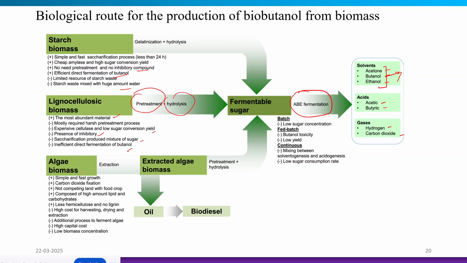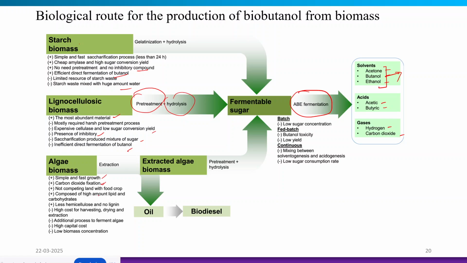Coming to the algal biomass, it obviously has simple and fast growth. Also we go for CO2 sequestration in the form of algal biomass growth. Carbon dioxide fixation is a very important approach for algal biomass growth, and it is not competitive for land and food crop utilization.